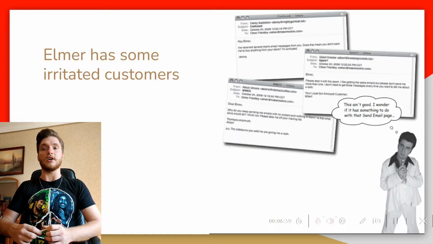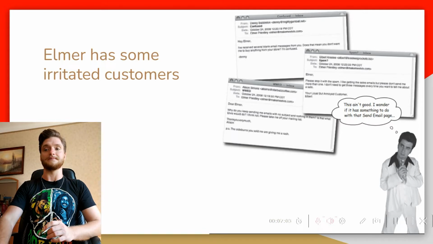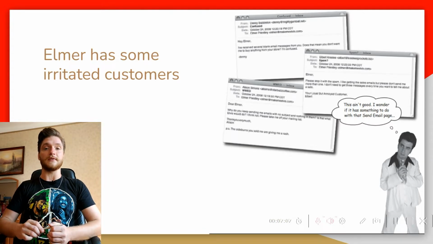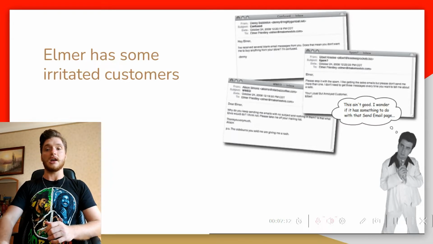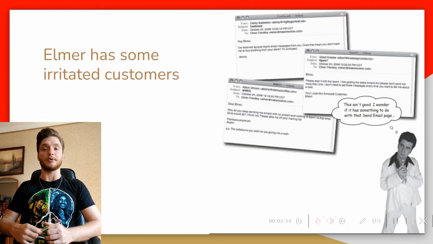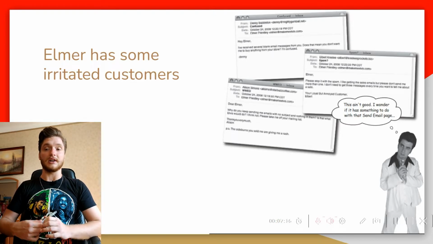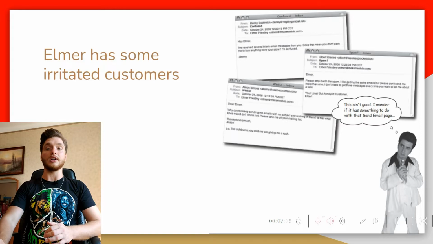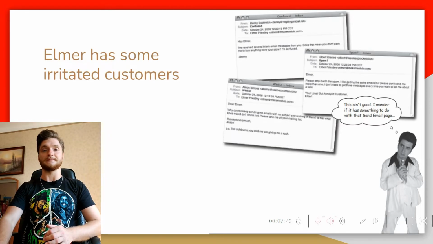Elmer needs to figure out what's gone wrong and fix it. His business depends on it. This ain't good. I wonder if it has something to do with that send email page. Elmer knows he has a problem, but he's going to need some help figuring out exactly what it is.